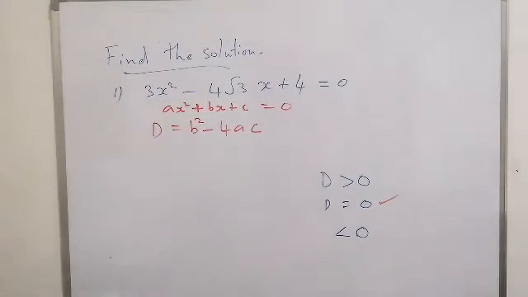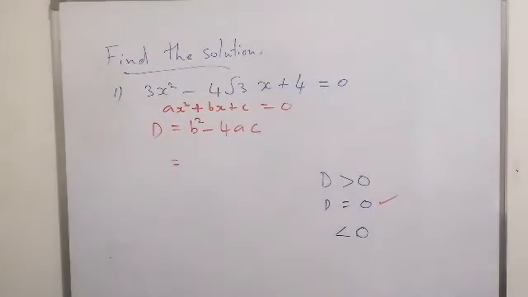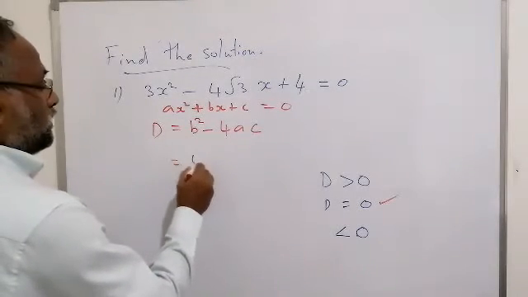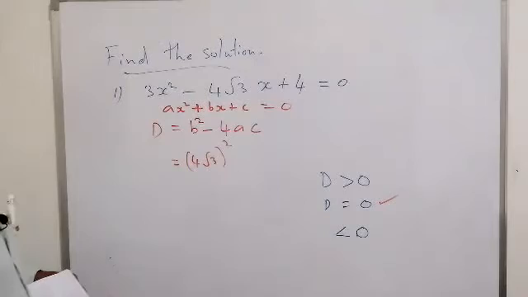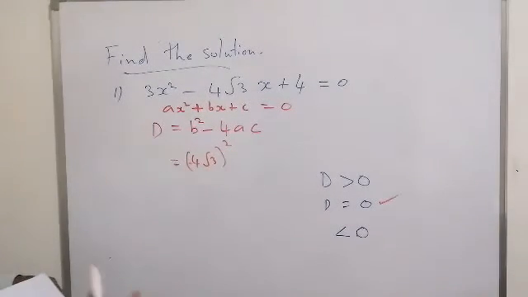It is very easy. Now listen to me, don't write now. I think you made a calculation mistake. B square, 4 root 3 all square. Minus doesn't matter because of the square. Minus 4 root 3 whole square.